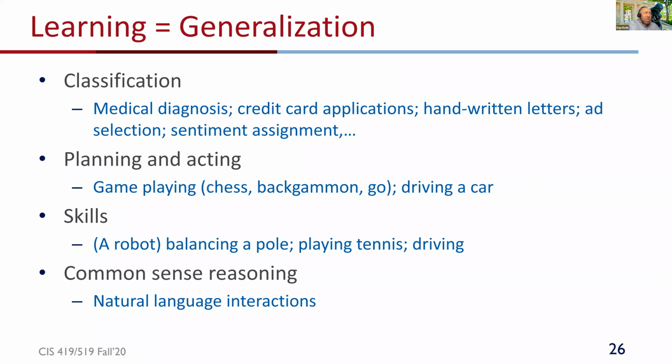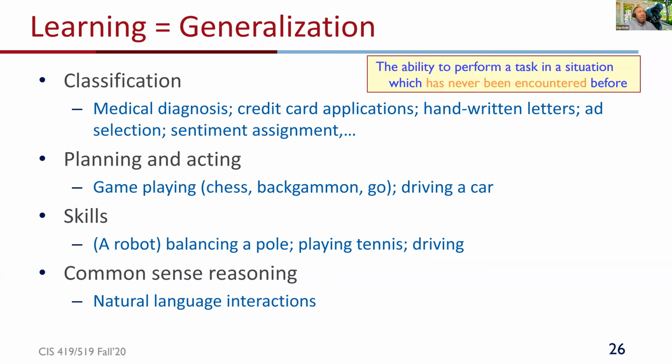Learning is generalization in almost all the applications we talked about. We talked about some skills like driving and many other of the classification tasks. In all of these cases, we care about the ability to perform a task in a situation which has never been encountered before.